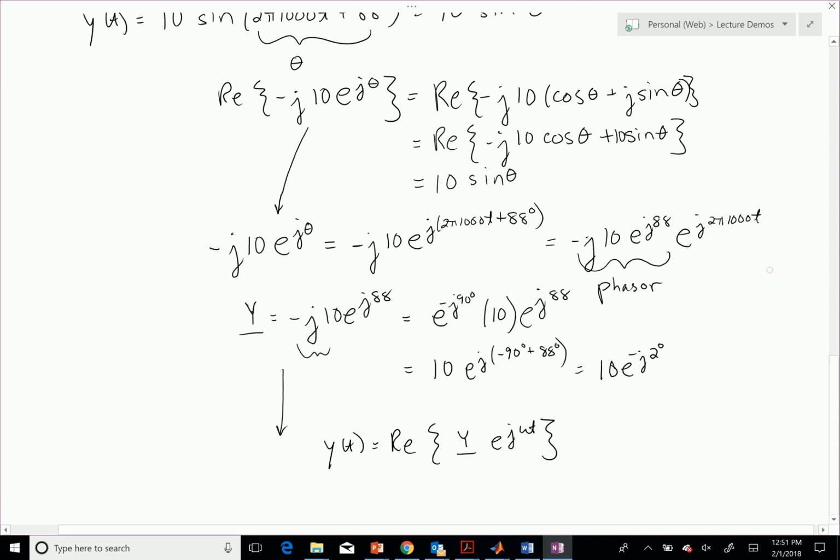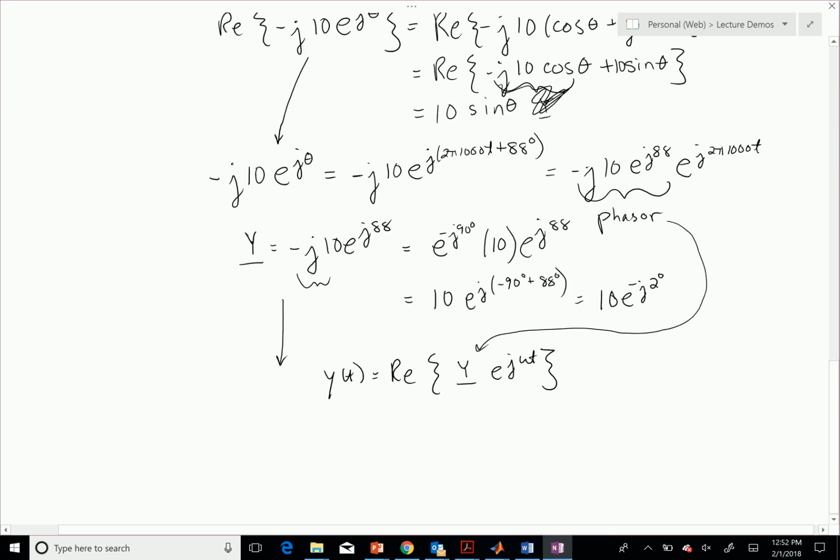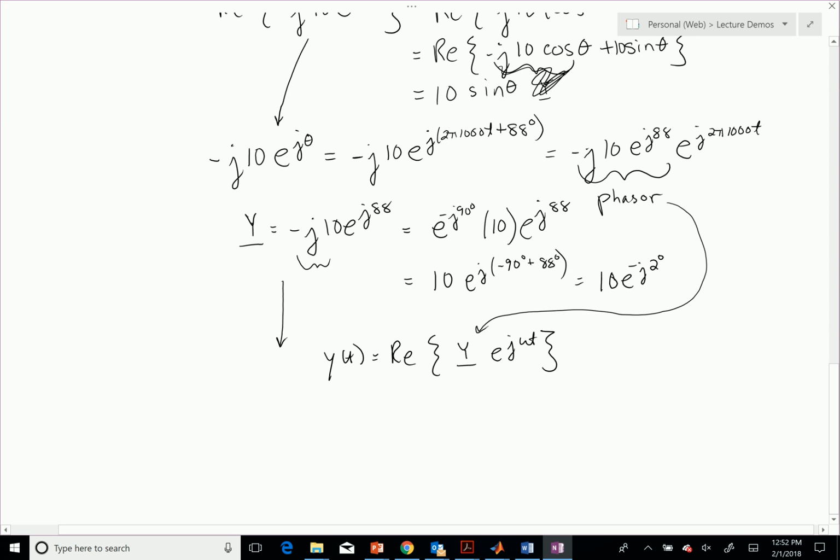So in other words, notice what I did. It's the same expression as before. What I've said is that this phasor right here, I plugged it in there. I've gotten rid of that minus j. I brought that 90 degree phase angle in there, 90 degree phase angle shift, right?